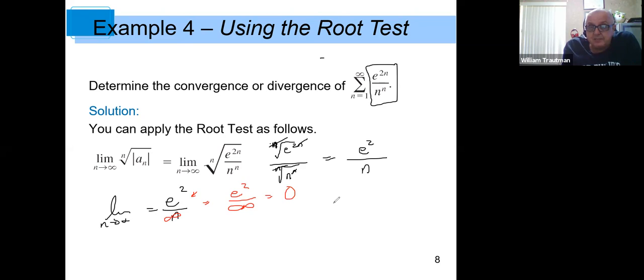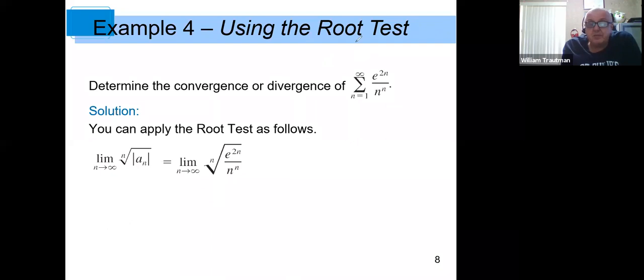And once again, 0 is less than 1. So using the root test, this converges. That's really not too bad. We have some really nice, easy examples here. And we'll try a couple of homework problems also.